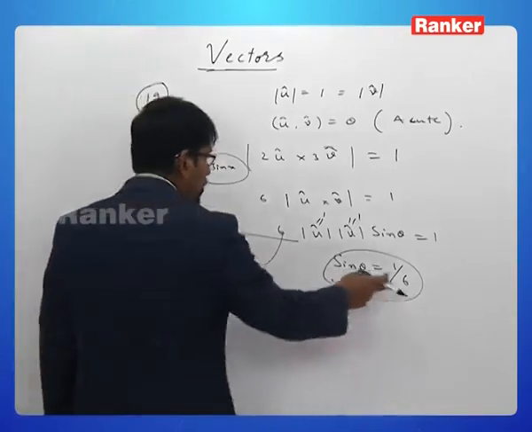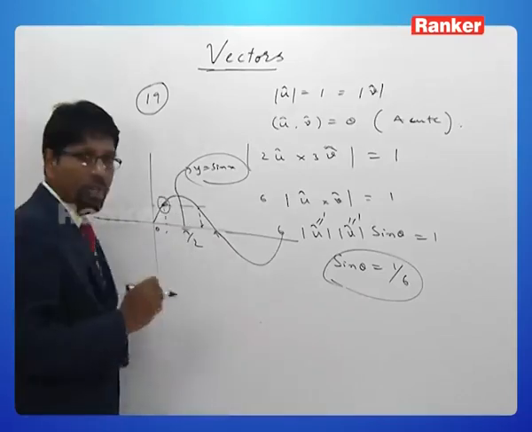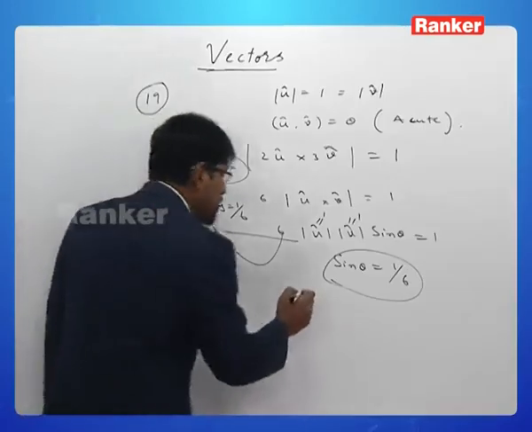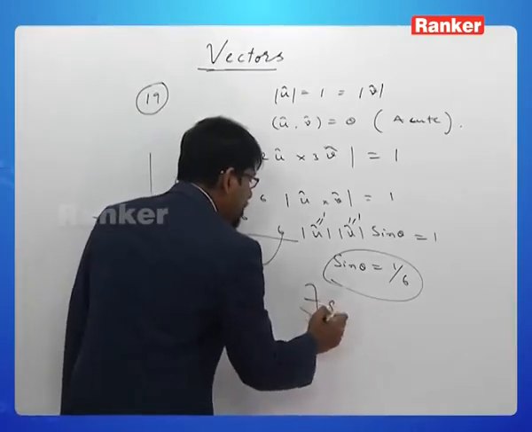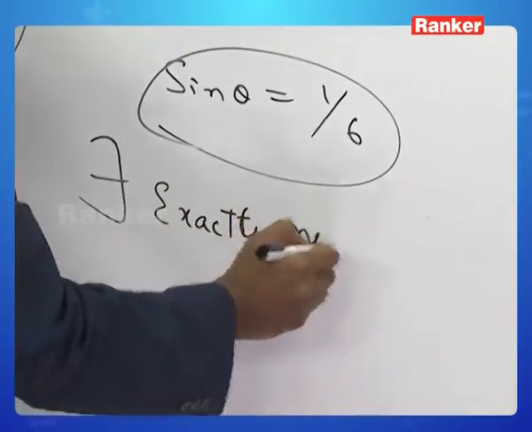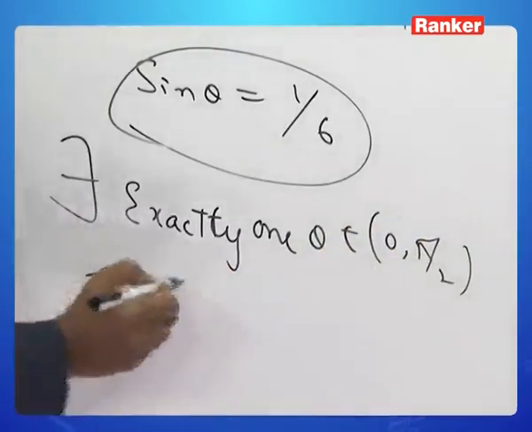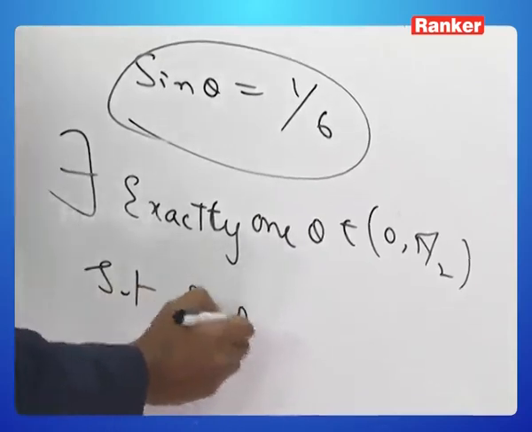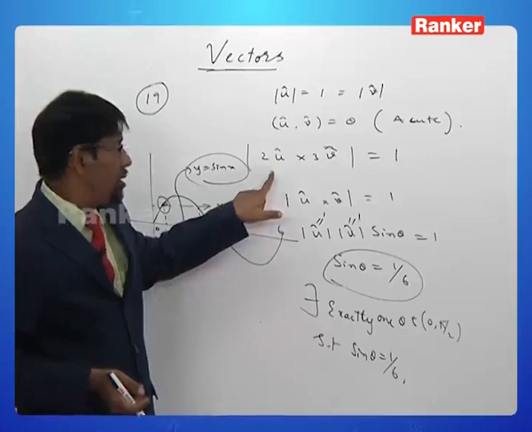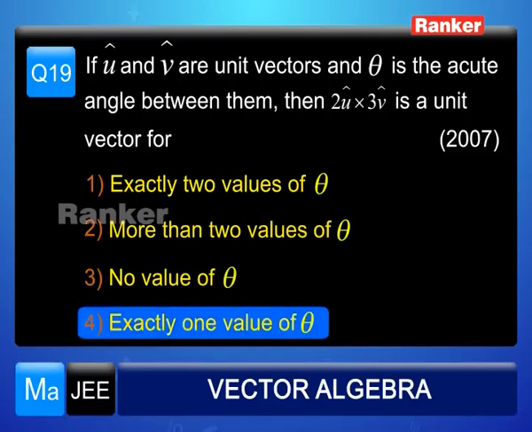So sine theta being 1 by 6 and theta being acute can happen only for exactly 1 value of theta. So there exists exactly 1 theta belonging to 0 comma pi by 2 such that sine theta equals 1 by 6, which means there will be exactly 1 theta satisfying the entire information. So option 4 is the right answer.